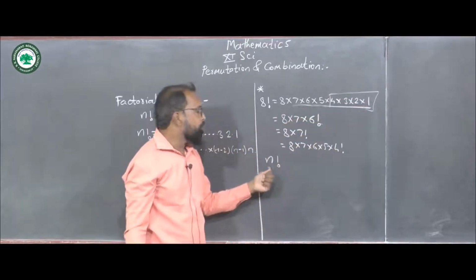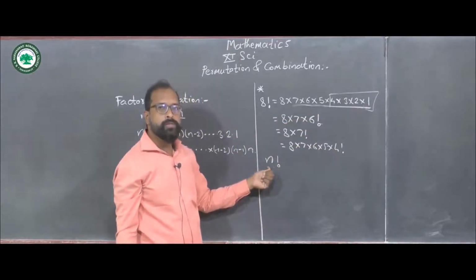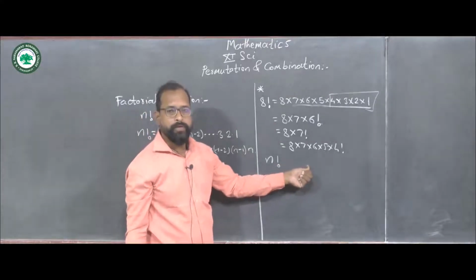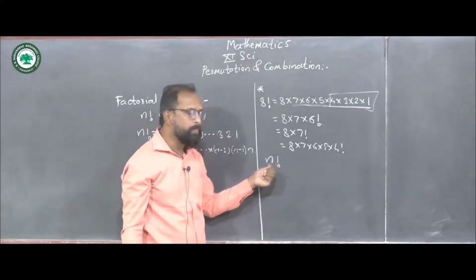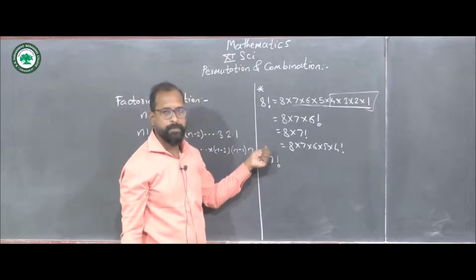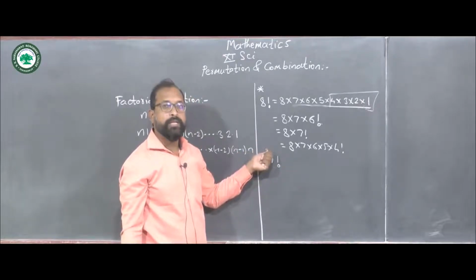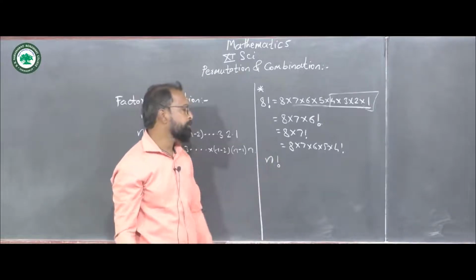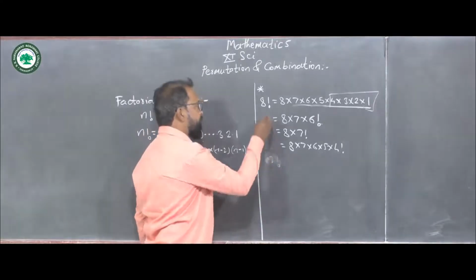So for n factorial we can reduce it up to the factorial of a smaller number, which is less than n. This is the first property, which can be used in every problem of permutation and combination.